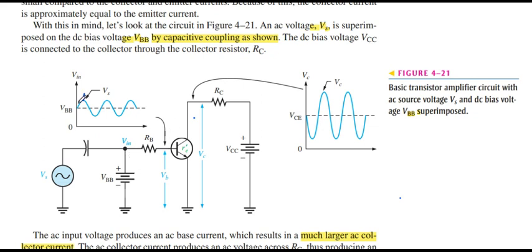So if we give an AC input supply, we get an output much larger as compared to VB, or small v.